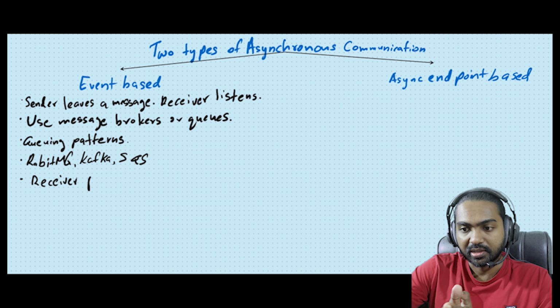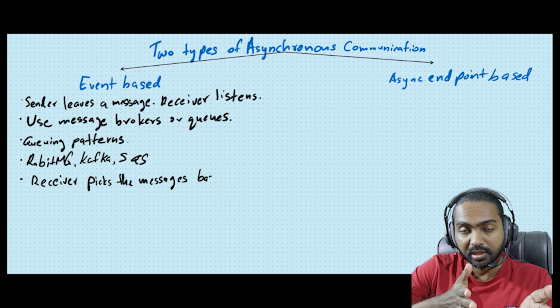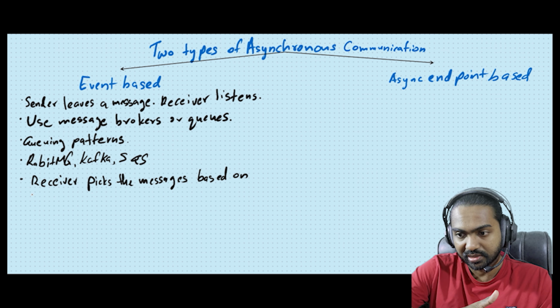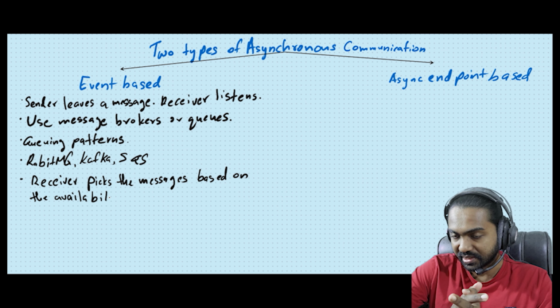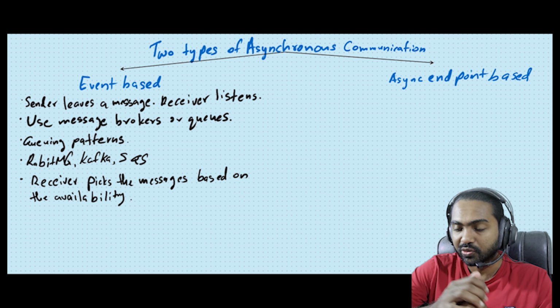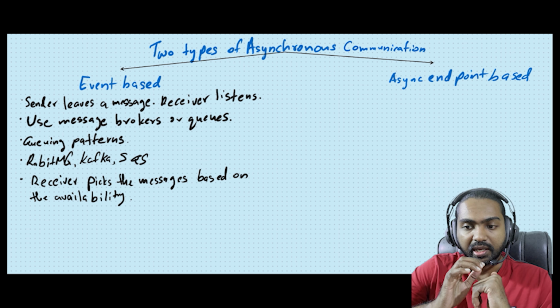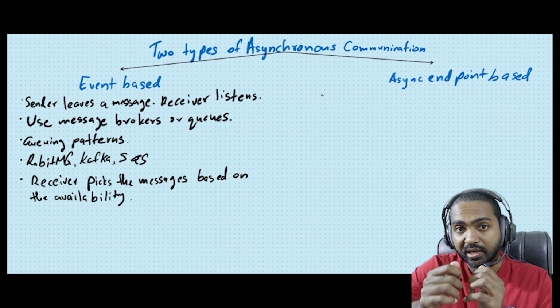Client raises the event, sending the message to the message broker and continues the client's remaining task. Once the receiver is ready to pick the message, it will pick it from the message broker and process it. In case the receiver is busy or temporarily unavailable, the message can remain until it gets picked.